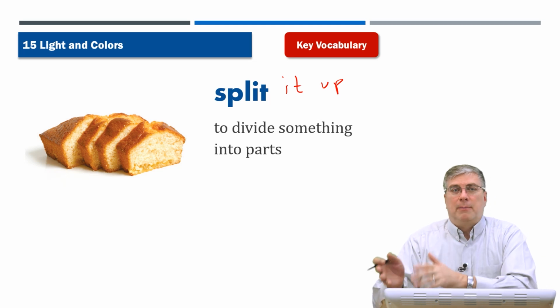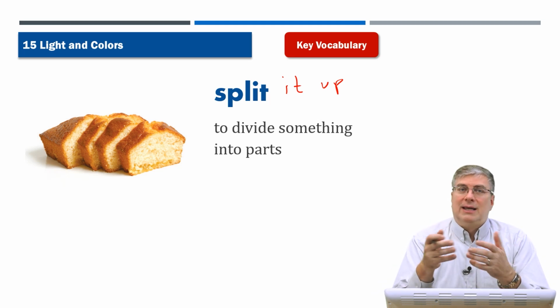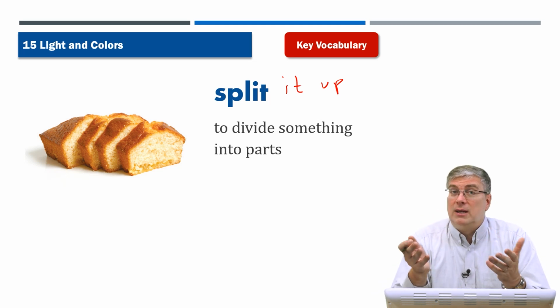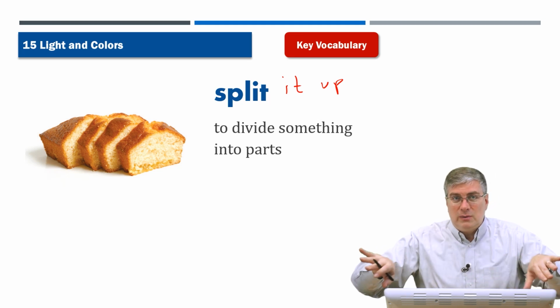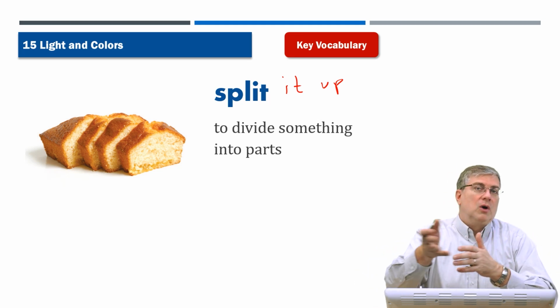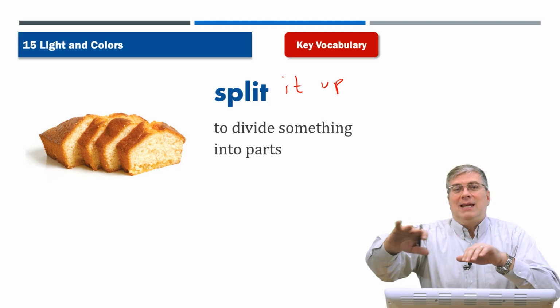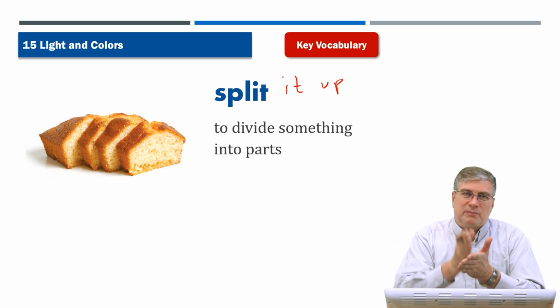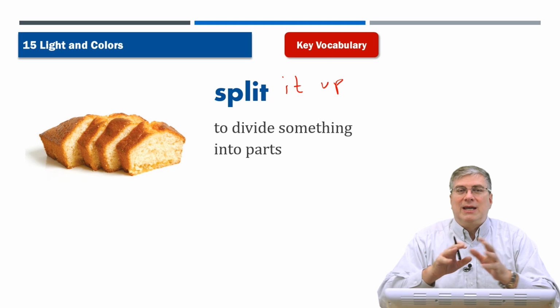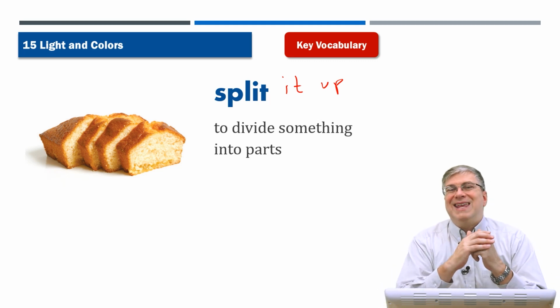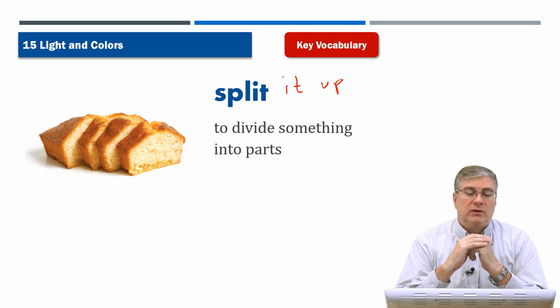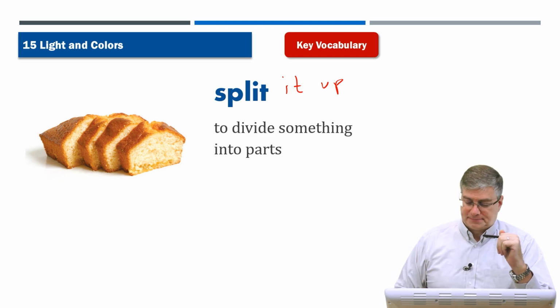If you have to pay a bill, let's split the bill. You divide the bill into two equal parts, or according to what people ate, and each person pays for part of it. So you split something, you divide something into parts, usually equal parts. Okay, so to split something.